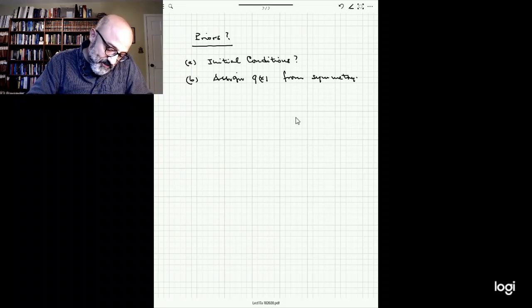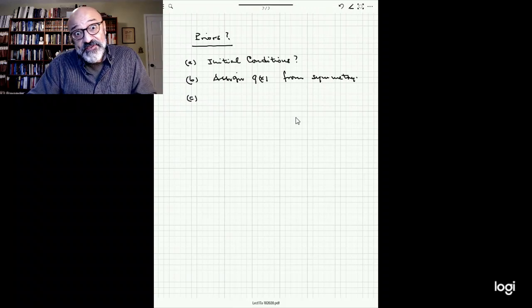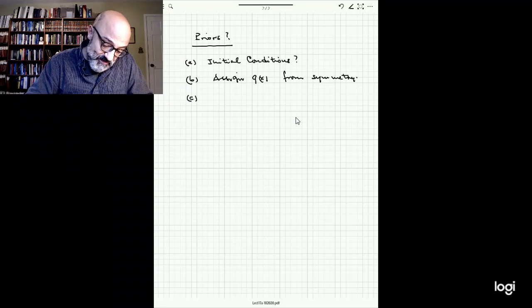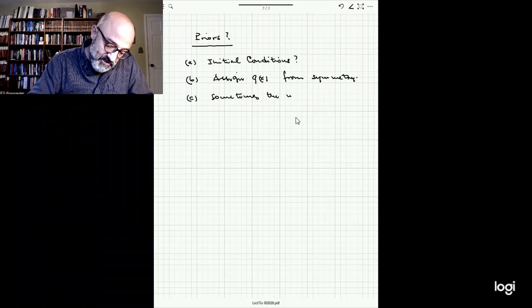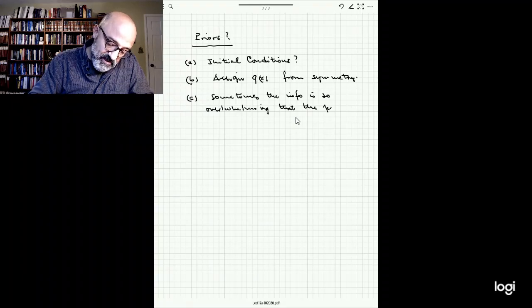Yet a third way is the old method of hope and pray that your choice of prior didn't make a difference. Sometimes we're fortunate, sometimes the information in the form of the constraint is so overwhelming that the prior does not matter.